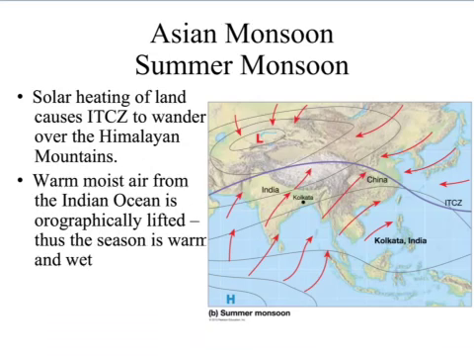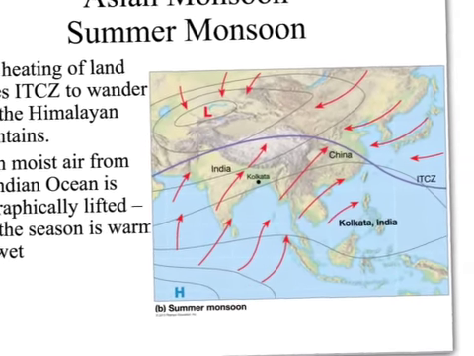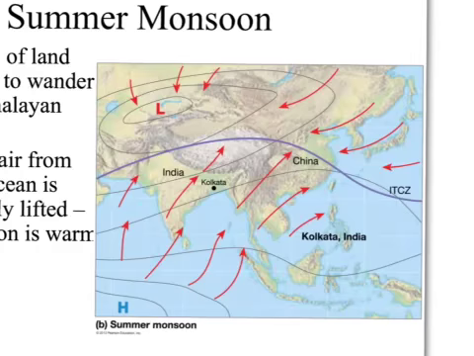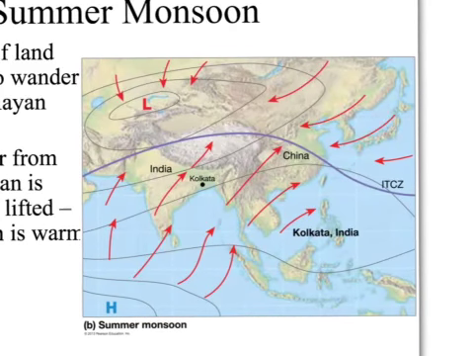So I'll let you take a look at the text that's associated with this figure, but I do want to focus on India at first. And in Chapter 7, one of the things we looked at on an earlier slide was focusing in on the intertropical convergence zone. This line, this purple here, is where the trade winds converge.